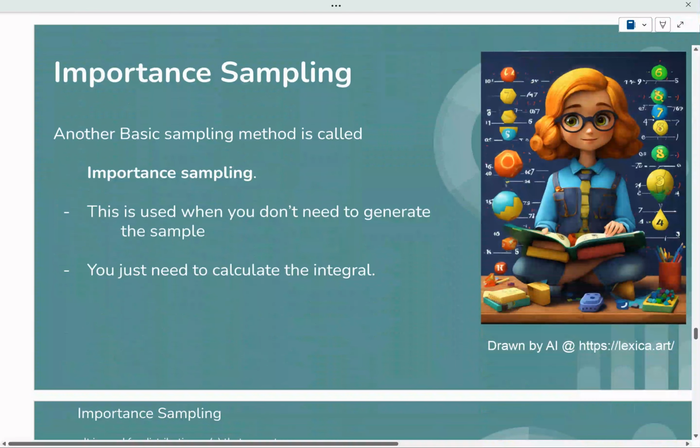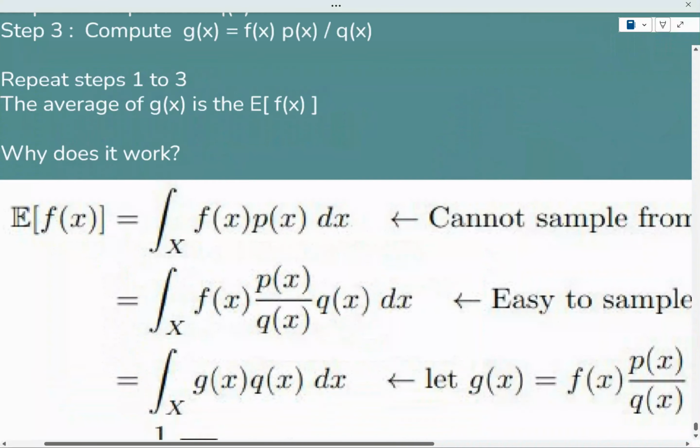All right, so now that we're done with rejection sampling, the next sampling method is called importance sampling. In importance sampling, you are actually not taking a distribution and generating samples. You're doing something else. You're trying to solve integrals. So I'll show you an example.